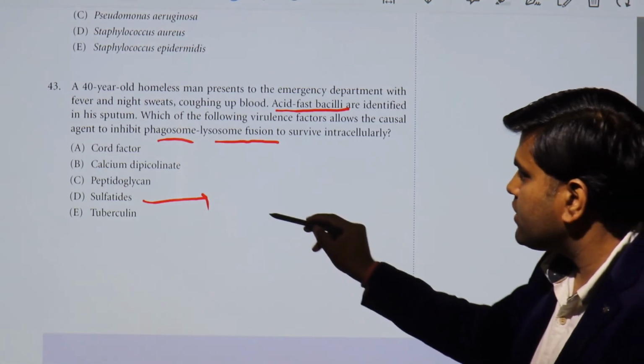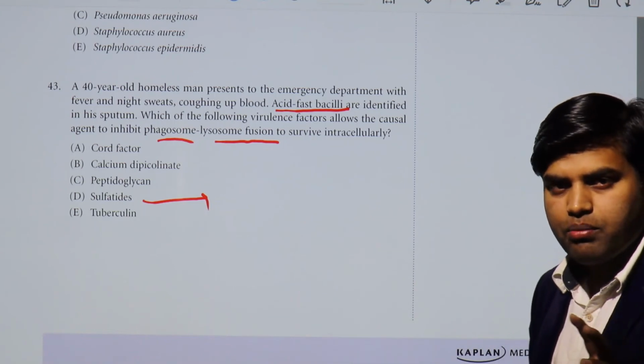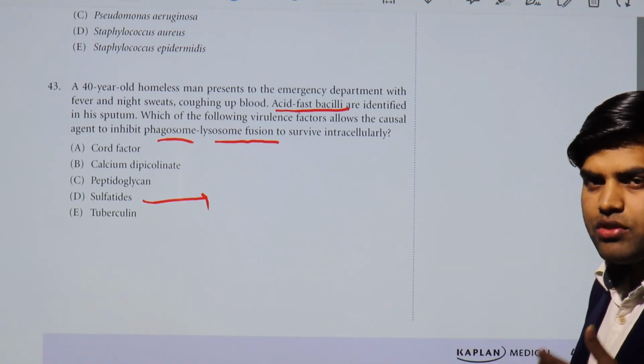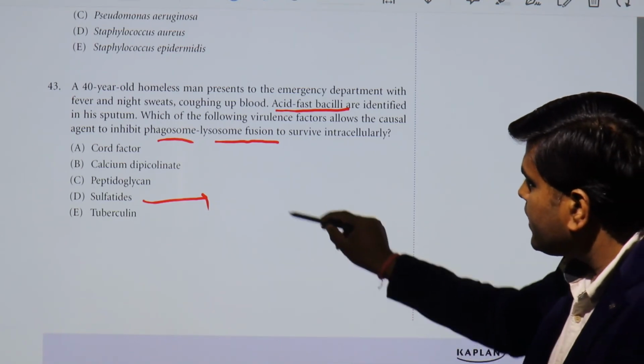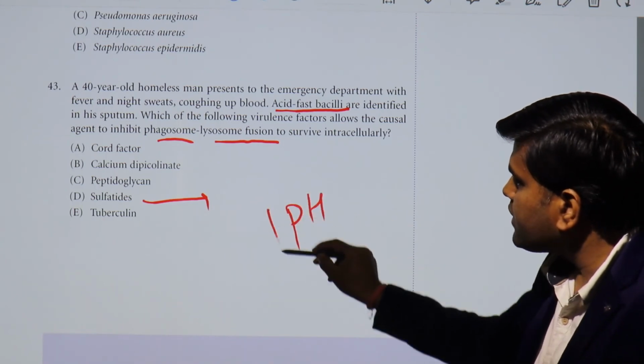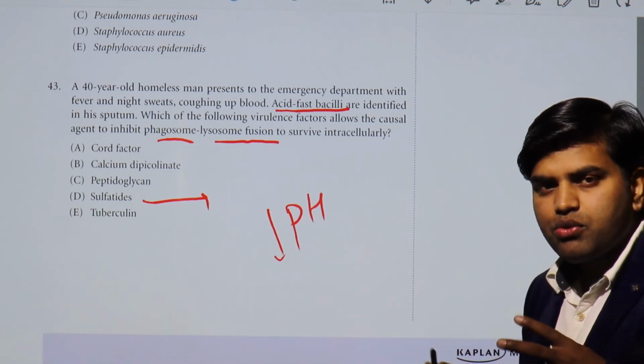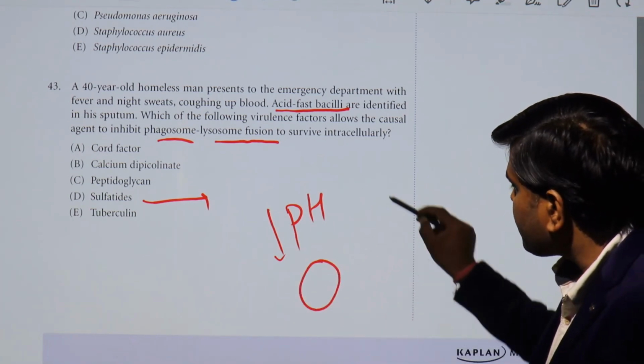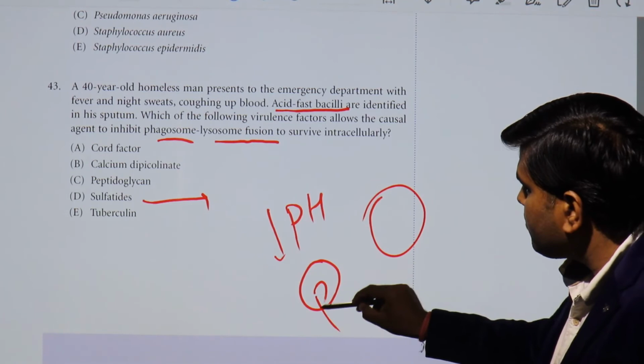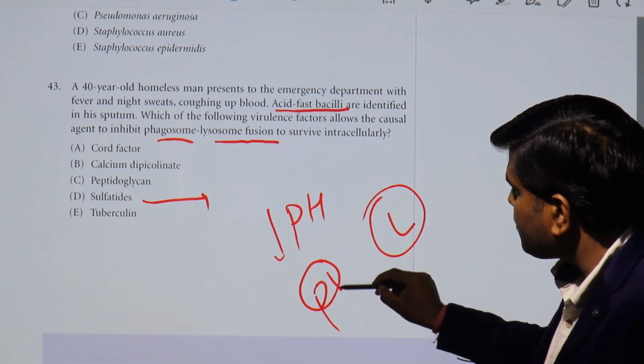How? Sulfatides are sulfolipids that break down into sulfuric acid. Sulfuric acid decreases the pH, so there will be an acidic environment. This acidic pH inhibits the fusion of the phagosome and lysosome. So the phagosome is prevented from fusing with the lysosome due to this pH.